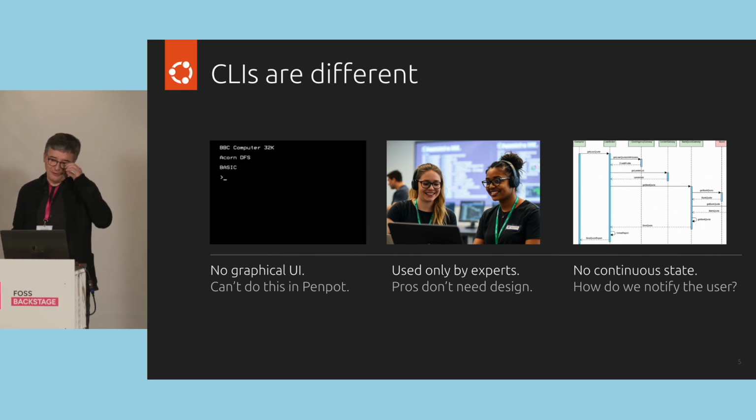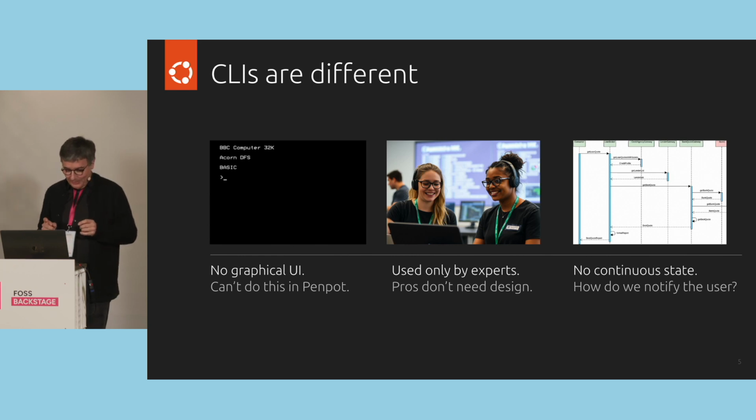And then the third thing, which I think is really interesting, is that when you think about what is the difference between a GUI and a CLI, in a GUI what you see is basically the state. So the state is always in front of you, and it's sometimes hard to put in action or to place the actions in the right places. And with a CLI, you do not see the state, because there is no state.